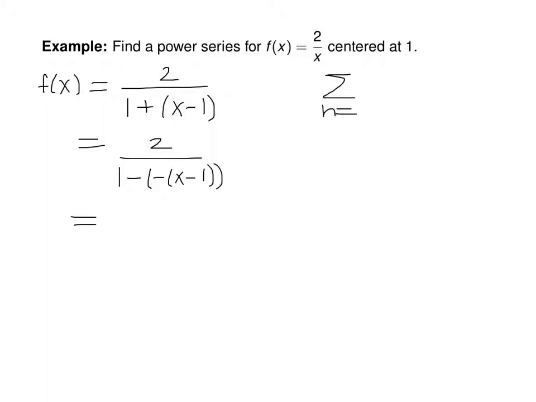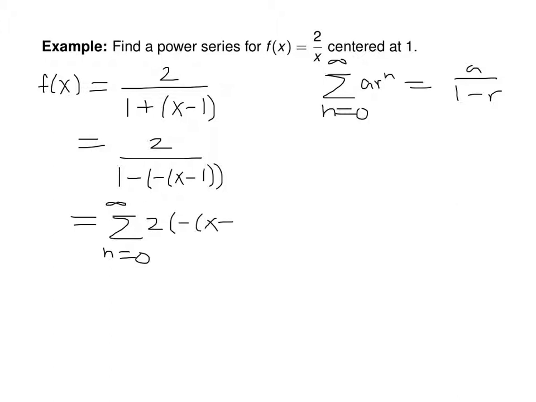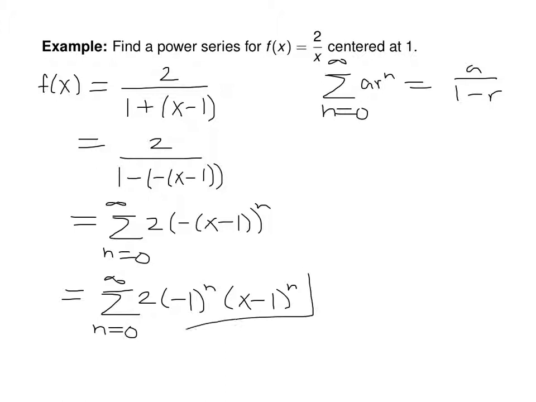the sum from n equals 0 to infinity of a r to the n is a over 1 minus r. Now we take a equal to 2, so this is a sum from n equals 0 to infinity of 2 times negative x minus 1 to the nth, or the sum from n equals 0 to infinity of 2 times negative 1 to the n, x minus 1 to the n.